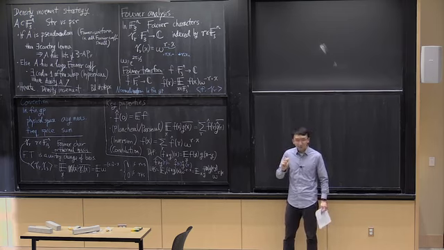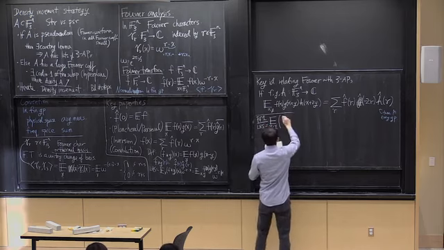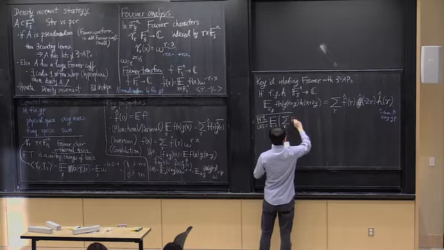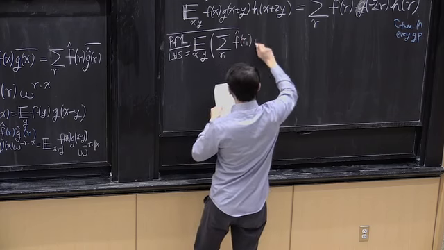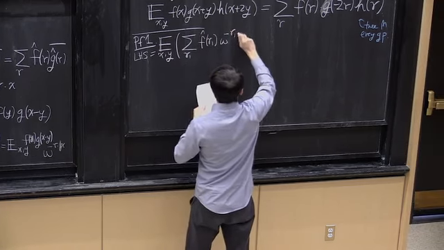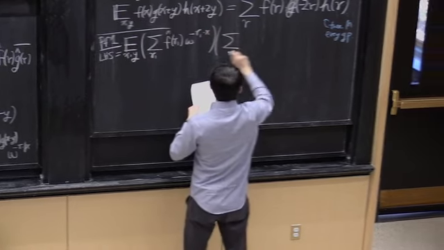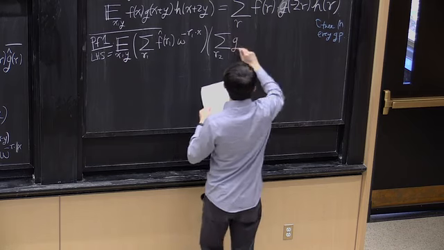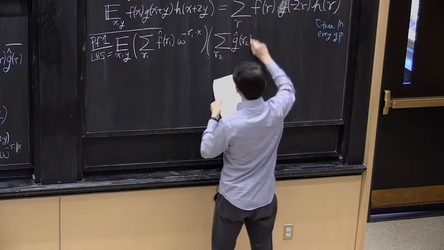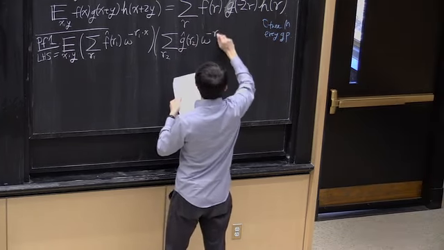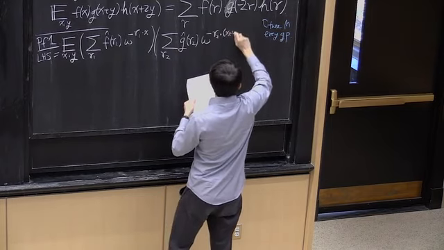The left-hand side can be expanded using Fourier inversion. So sum over R1 of f hat R1 omega to the R1 dot x, and sum over R2 of g hat R2 omega to the R2 dot x plus y.